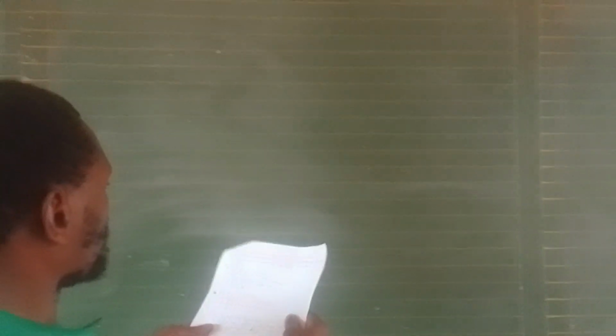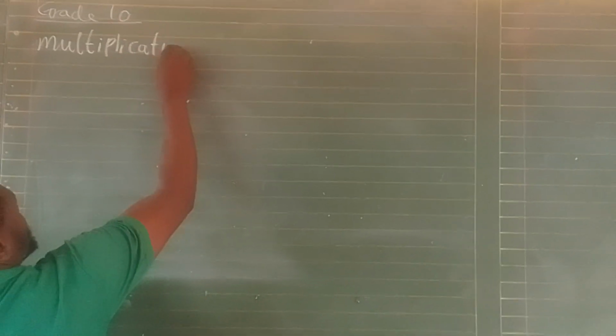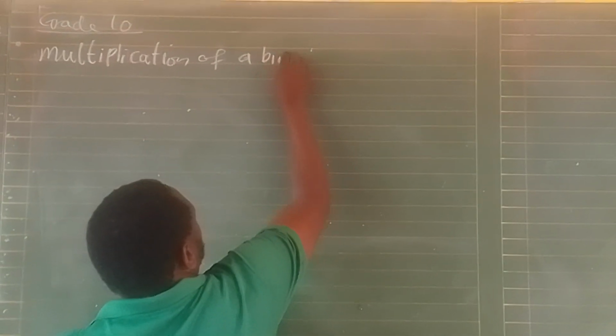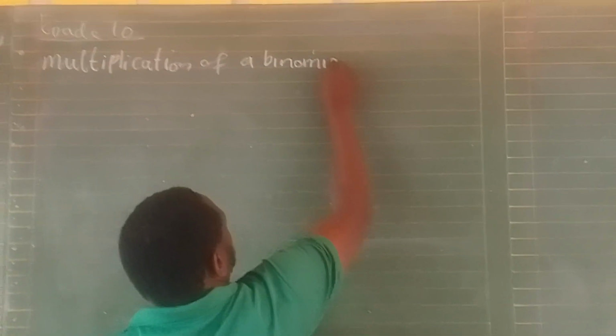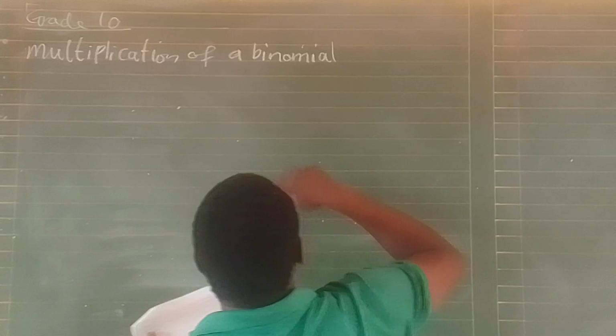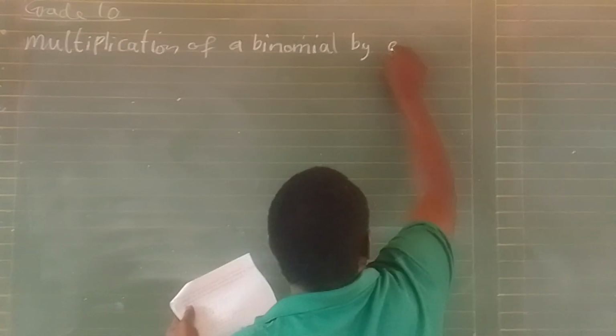So this is what we are going to do: the multiplication of a binomial by a trinomial.